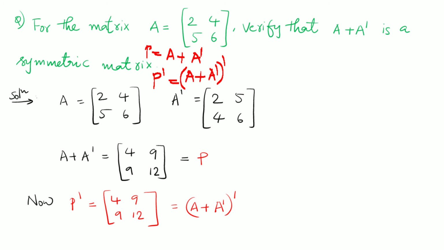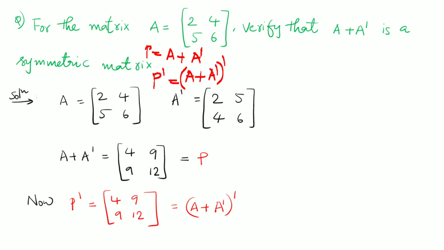Now you have to take it as P. And then to know whether it is symmetric or not, you have to find P dash. How will you find P dash? In this P matrix, you have to interchange row and column. So the first row 4 and 9 will be your first column, and the second row 9 and 12 will be your second column. And then you have to check whether these two matrices are equal.